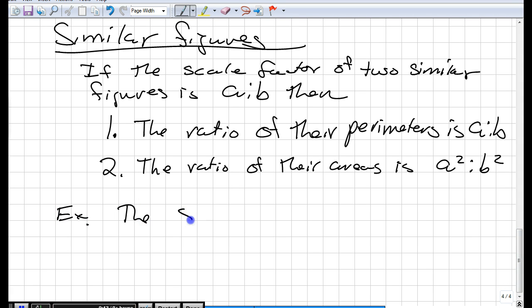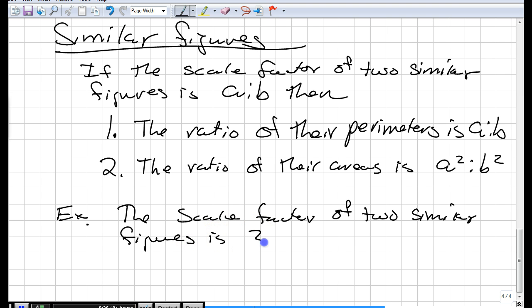the scale factor of two similar figures is 3 to 5. Find the ratio of their perimeters.